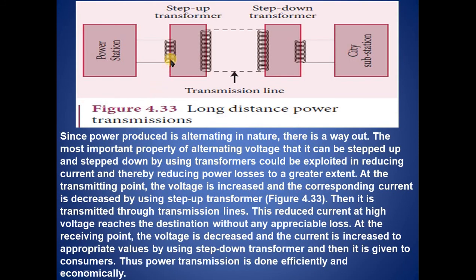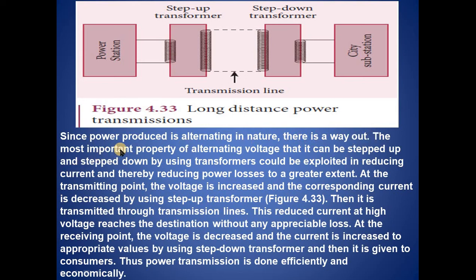The next step for long power transmission is to use step up and step down transformers. Since the power produced is alternating in nature, there is a way out.